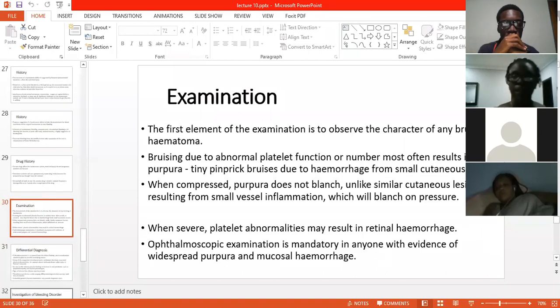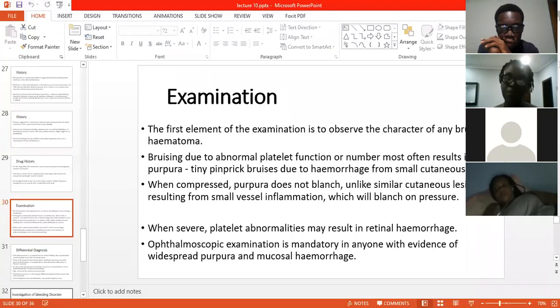Then when it comes to the examination, looking at the nature or the size of the bleeding can also give you an idea of what's going on. If there is bruising or purpura, usually that tells you that there's an abnormal platelet function. Bruising is superficial, so you see the bruise on the skin.